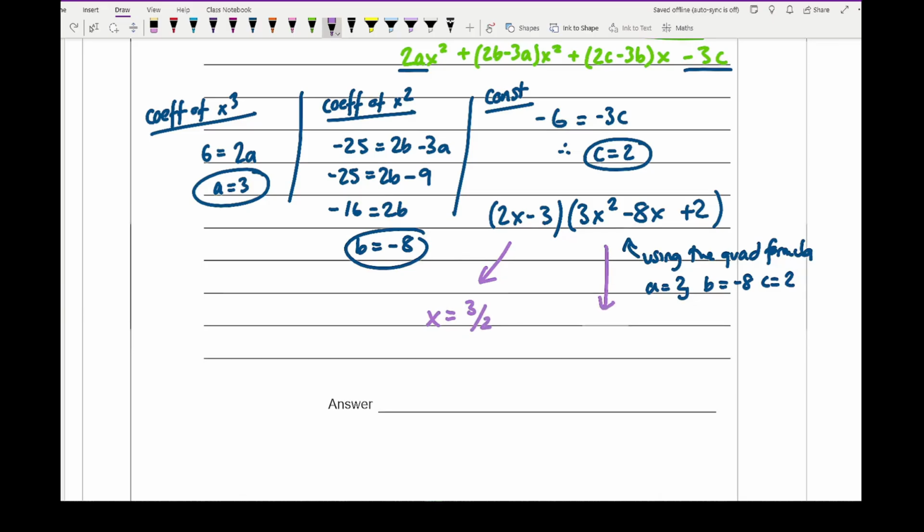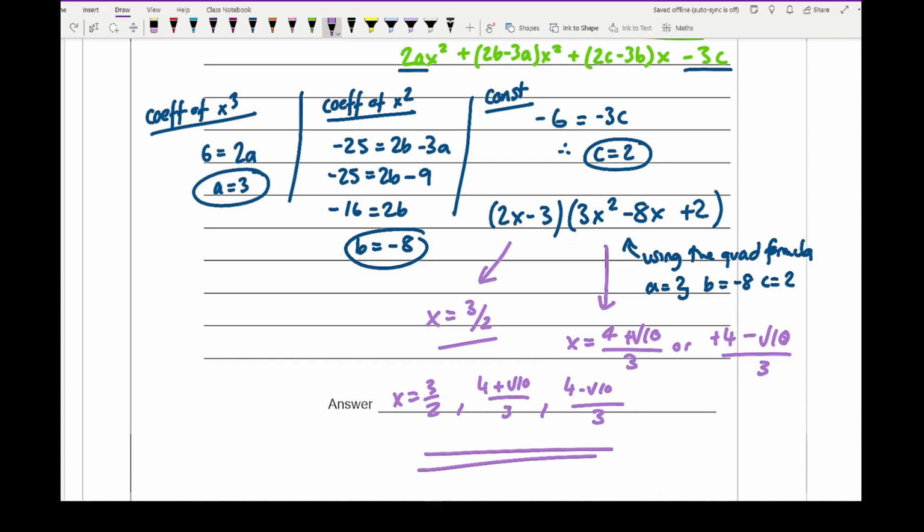And then solving this quadratic using the quadratic formula, I'm going to get a value of 4 plus root 10 over 3, or 4 minus root 10 over 3. That's a 10, not a 16. And so the three values are x equals 3 over 2, 4 plus root 10 over 3, and 4 minus root 10 over 3. And there are my three solutions.